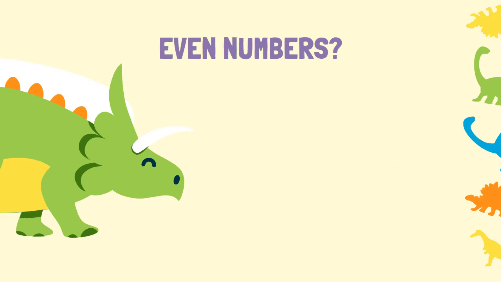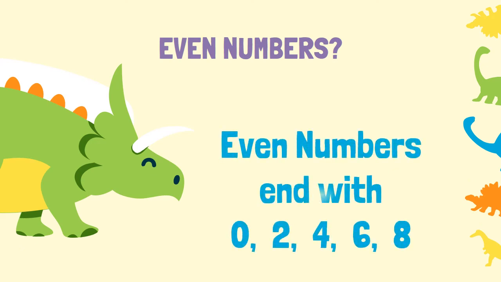Even numbers end with 0, 2, 4, 6, or 8. So you just look at the last digit. If the last digit is 0 or 2 or 4 or 6 or 8, they are even numbers.